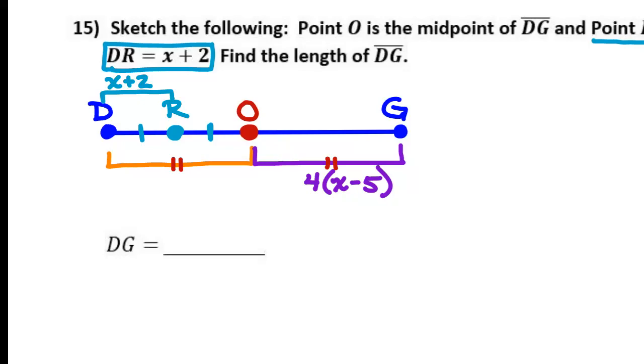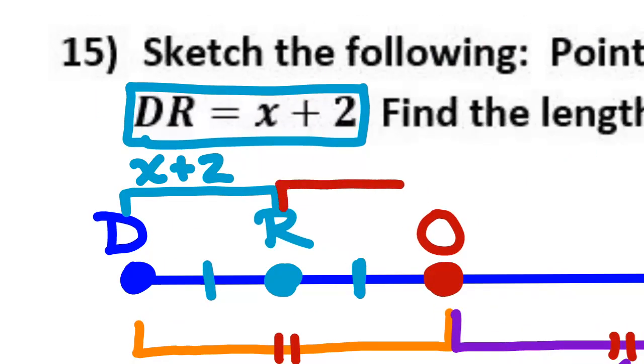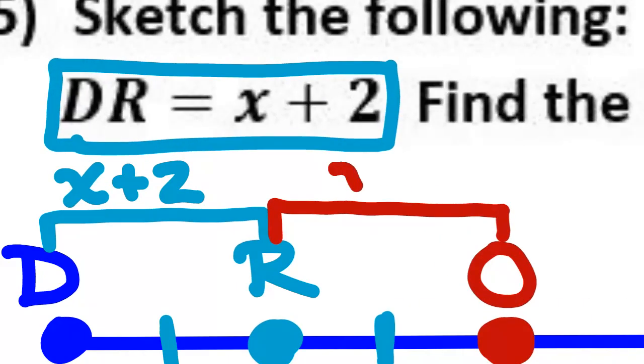The very first thing that I see that I can do is put something down for this size. What could I put down for RO? What's the same size as RO? X plus 2. So I can write that down, x plus 2.